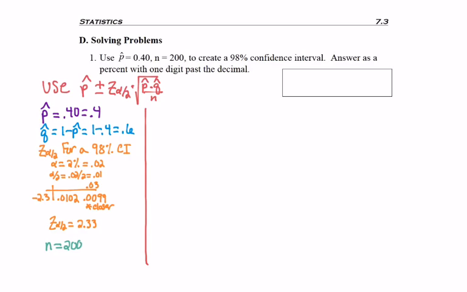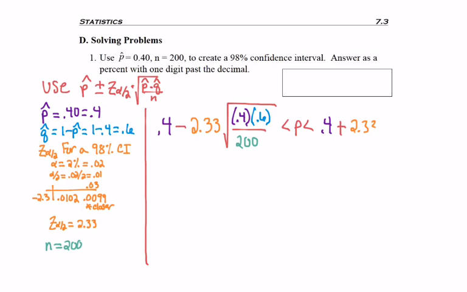So now I'm ready to work out this whole problem. I start off with 0.4 minus 2.33 times the square root of 0.4 times 0.6 over 200, sandwich that in between my population parameter of p, and then copy the exact same formula all over again, except this time I put a plus after the p-hat and before the critical value of 2.33.